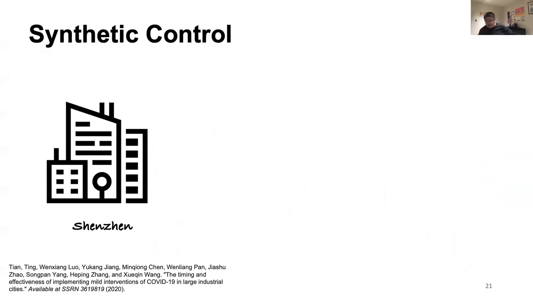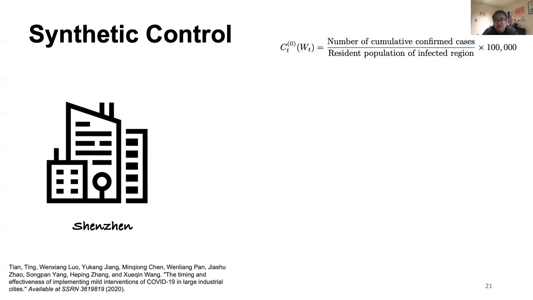Another type of study people consider is whether we can use existing knowledge from other areas to help with understanding the pandemic in the current study area. So this is a paper that proposed an interesting method called the synthetic control method, where the goal in this paper is to estimate the effect of different NPIs in a big Chinese city called Shenzhen.